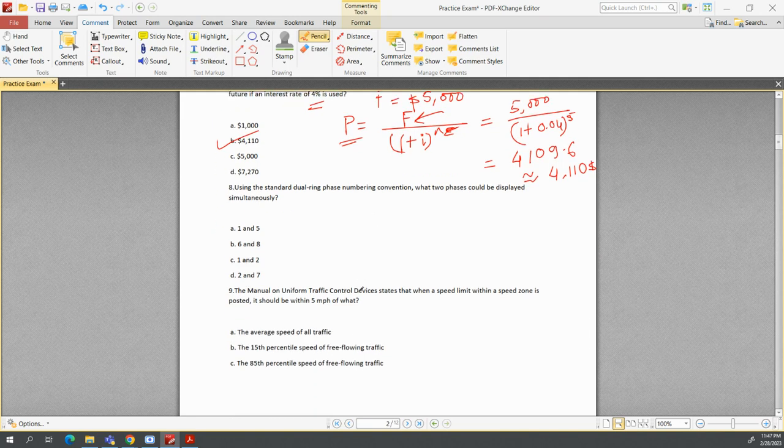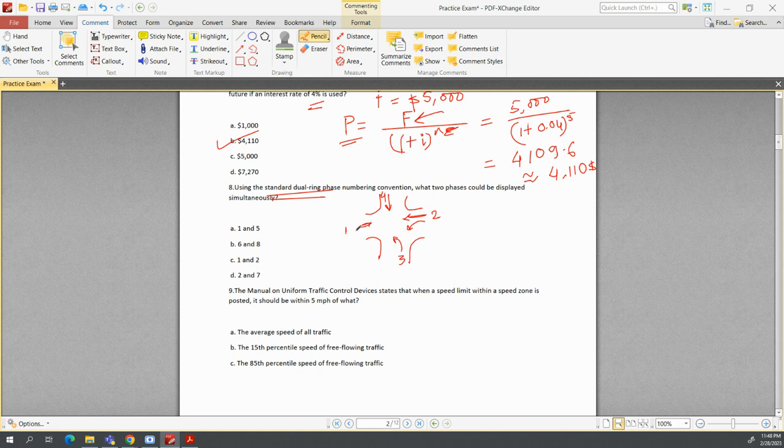Using the standard dual ring phase numbering convention, what two phases could be displayed simultaneously? So if you see how the dual ring phase system works, this is 1, this is 2, this phase is 3, this phase is 4, right?